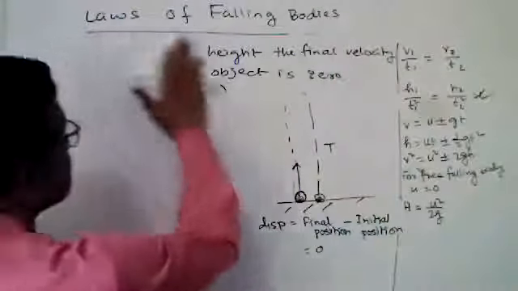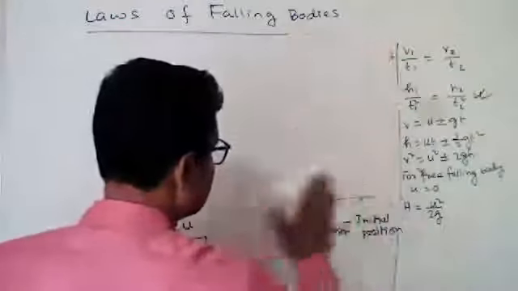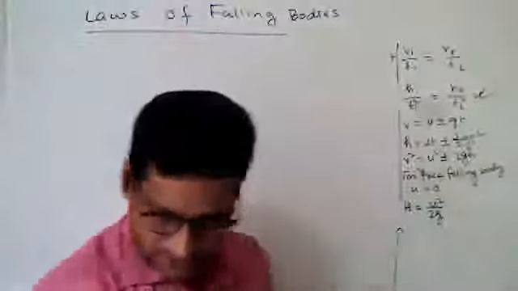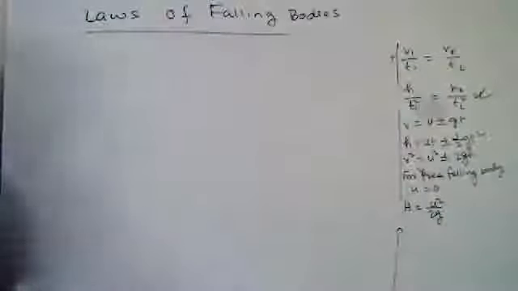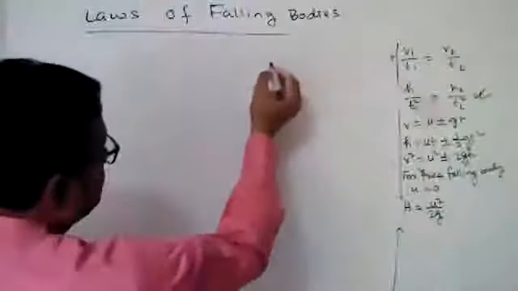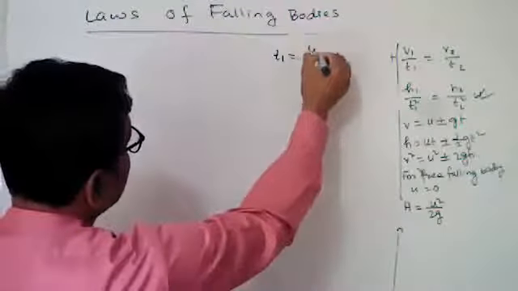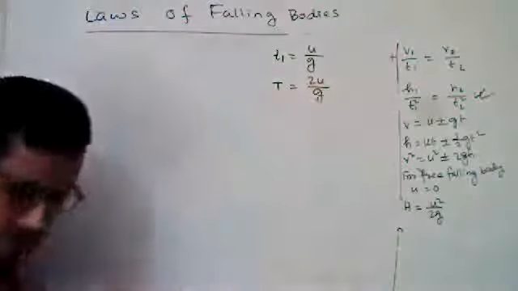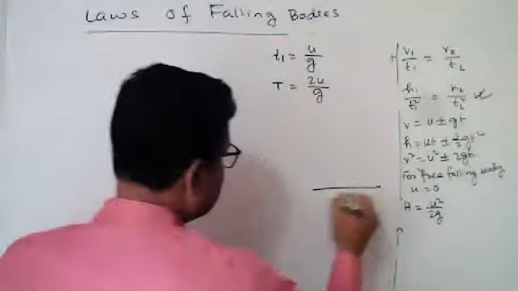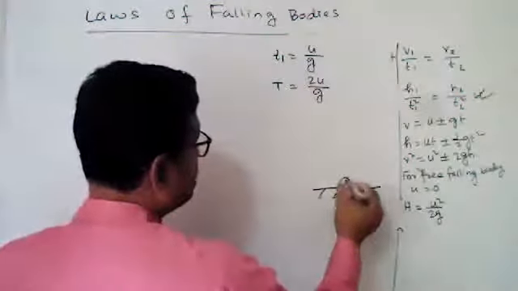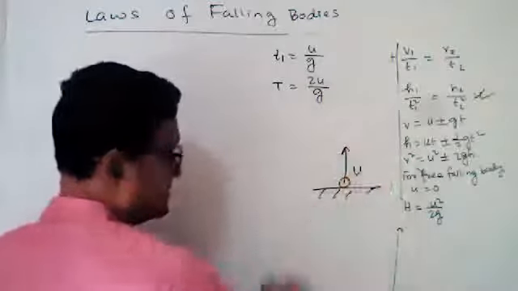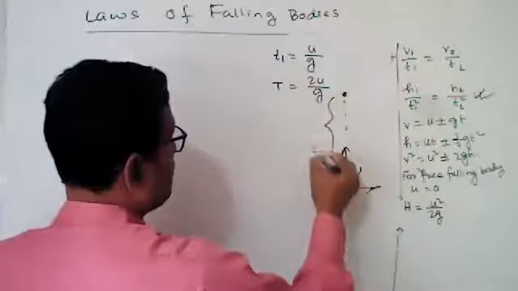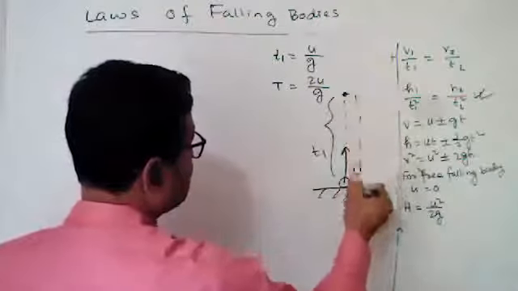Sir, can we use this directly? Yes, you can use this equation. We know to reach the maximum height, t equals to u by g, and time period equals to 2u by g. Suppose this is the ground and an object is thrown upward with velocity u, and the time required to reach the maximum height is t1, and after this the time is t2.